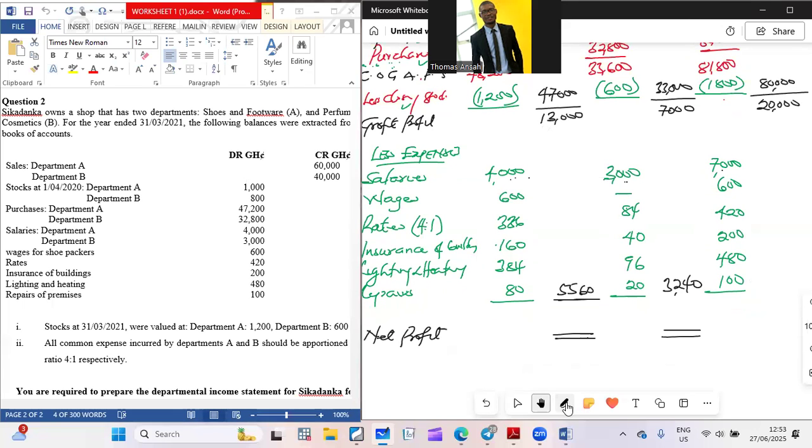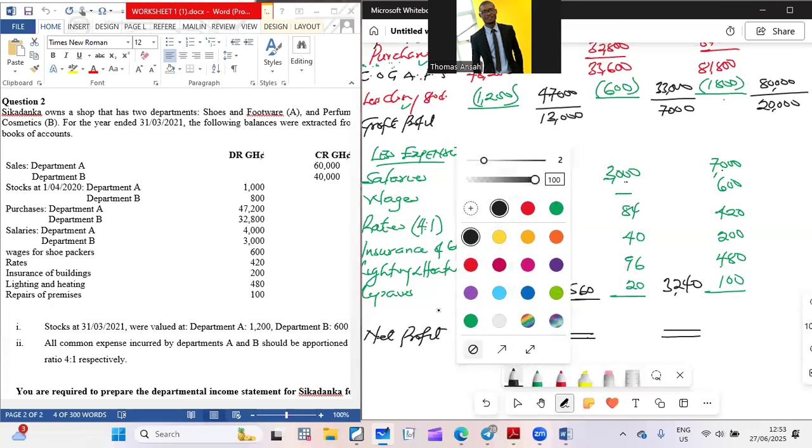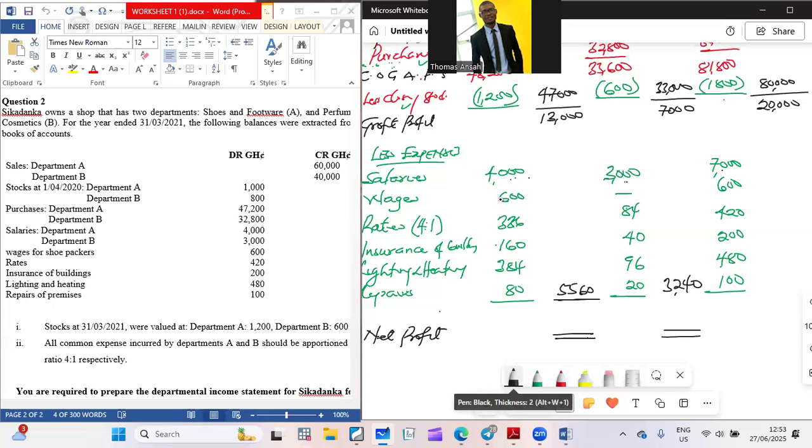So you realize that the essence of doing the departmental accounting is the ability to know that you are attributing or allocating, and also the ability to share the expense. And that is something you will need in manufacturing. Okay, so let's complete this. The profit for Department A is 7,440.